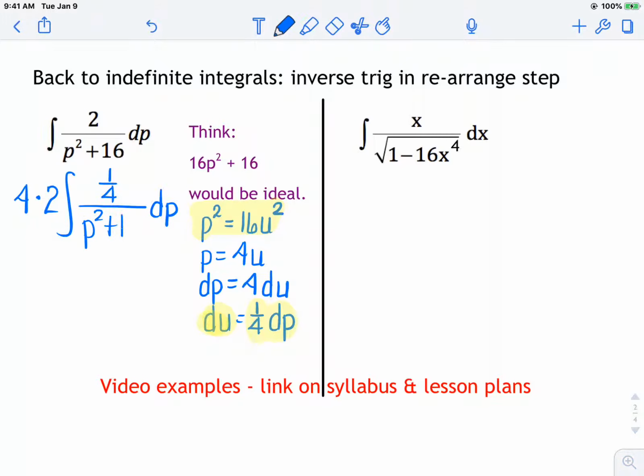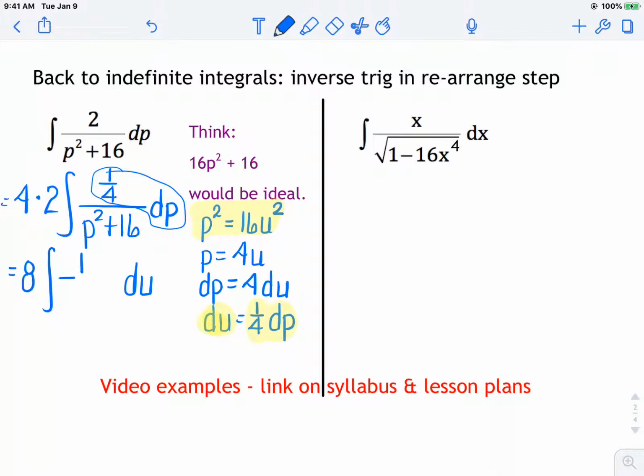So p squared plus 16. I didn't pick the u value, I picked what I'd like it to be looking like. So when I go to actually calculating with u's and subbing in, I've got an 8 out front. And then my 1/4 dp, all of that becomes my du.